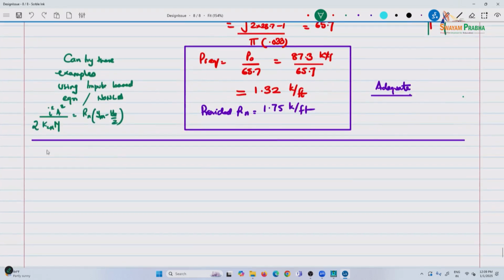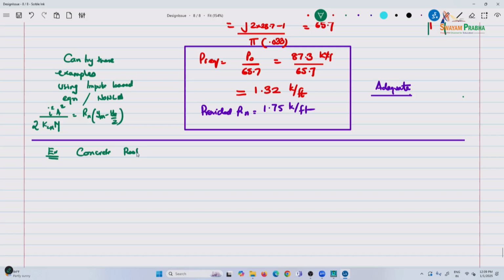Okay, final example. This is a concrete roof beam. And we've talked about the roof beam having inbound and outbound.